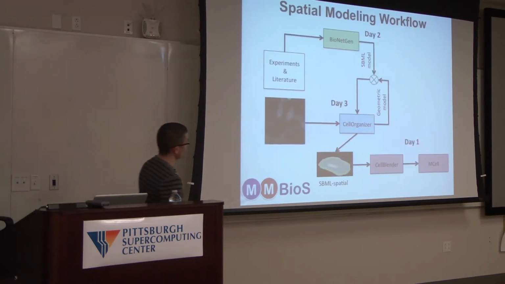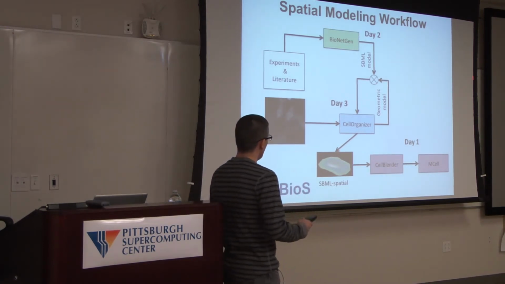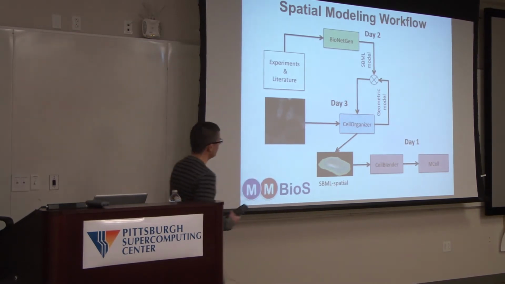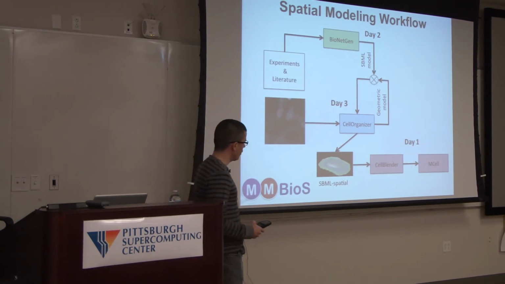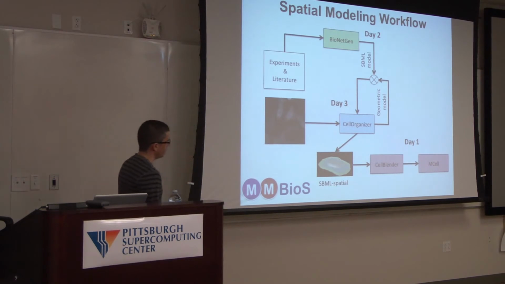In terms of the workshop, this slide shows a little bit of the workflow that we have tried to develop tools for, to help go from the molecular to the cell level. We'll touch on many of these things during the workshop. On day 1, which is today, we'll mostly focus on MCell and Cell Blender, which is looking at cell-level systems.